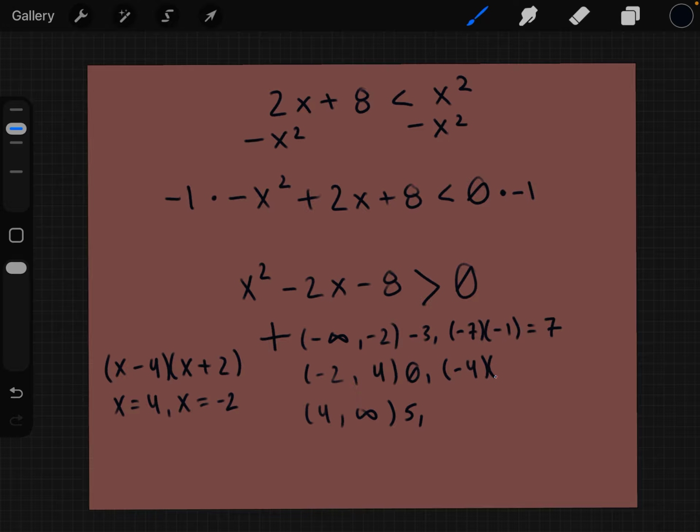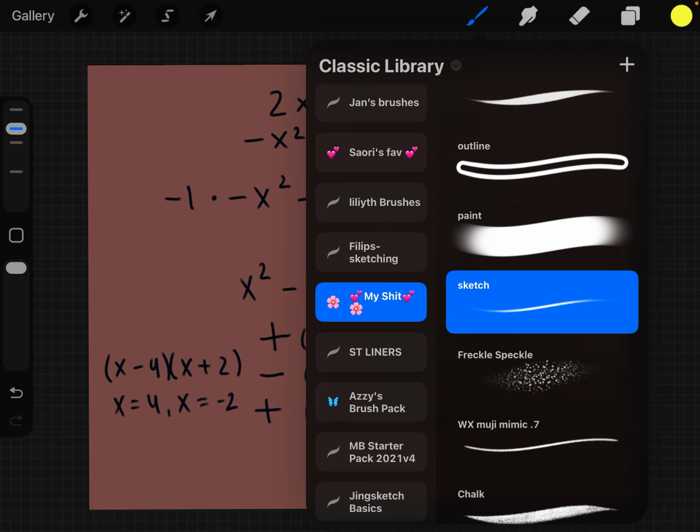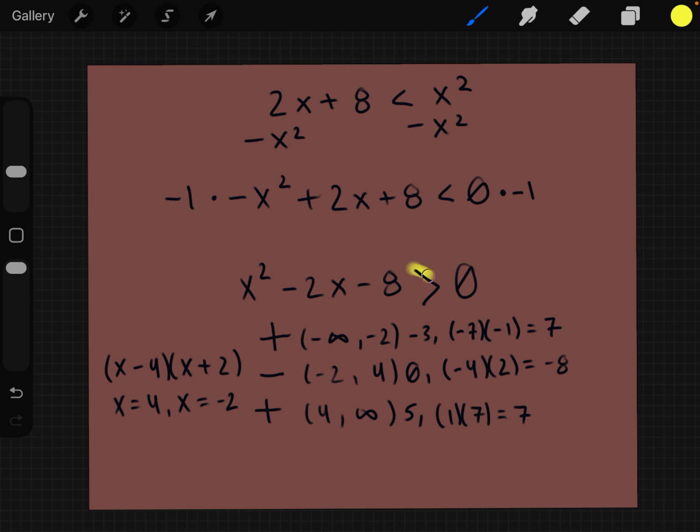Okay, -4, negative. Got 5 minus 4 is 1, 5 plus 2 is 7, positive. So we're looking for greater than now because our sign flipped.